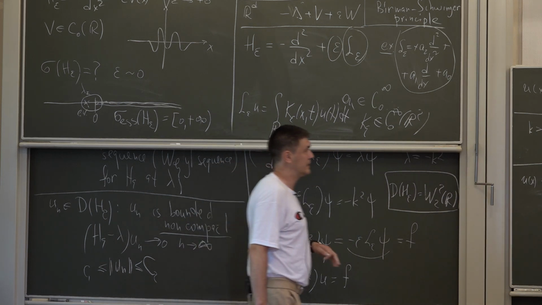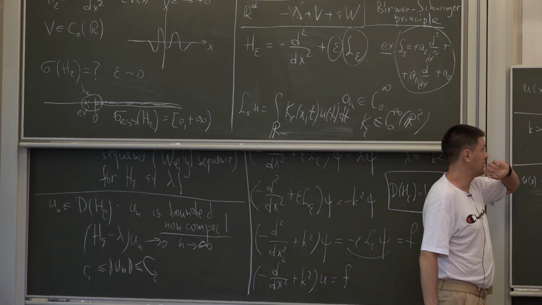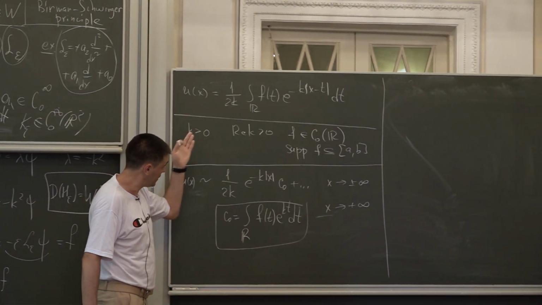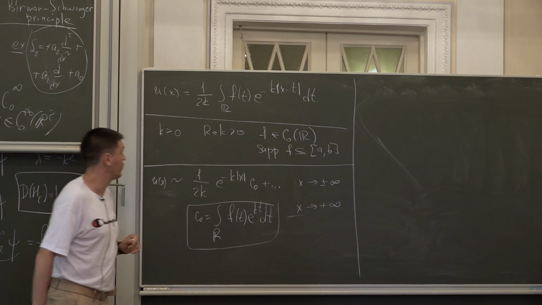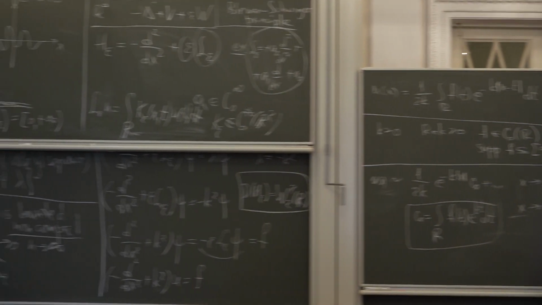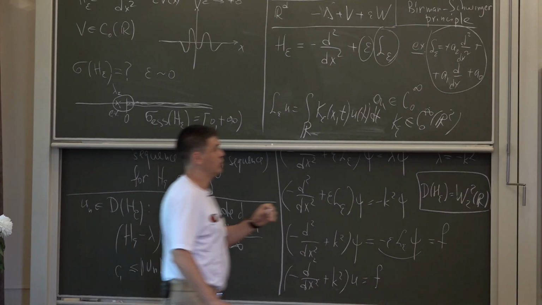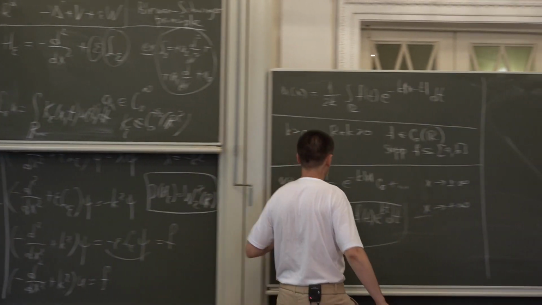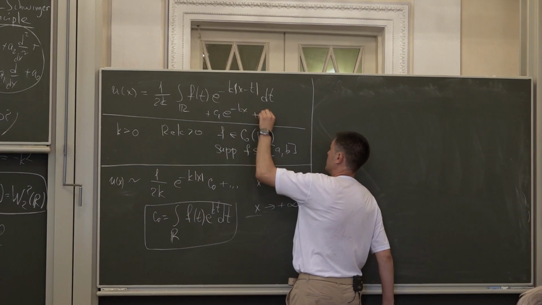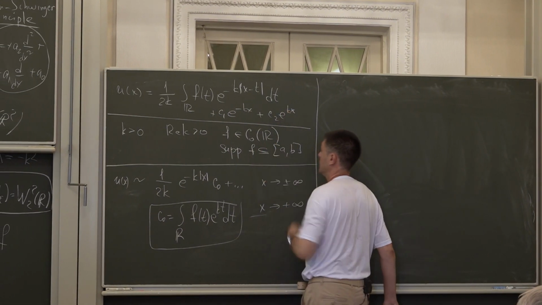And since this is the general solution, any other solution differs from this u of x just by a sum of two exponents. So actually the general solution to this equation is like this. I can also add this exponent and that exponent.